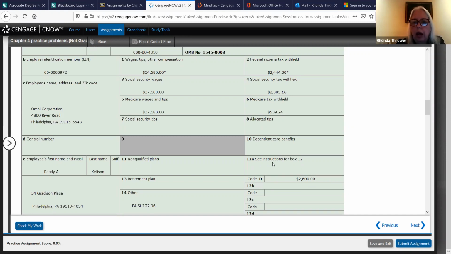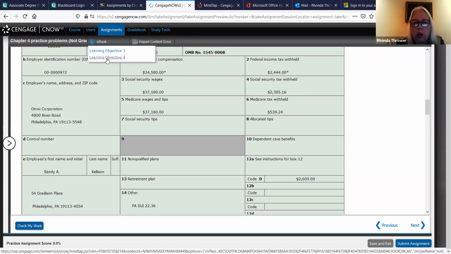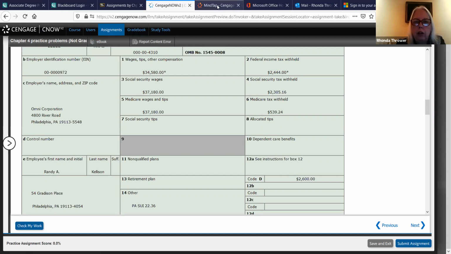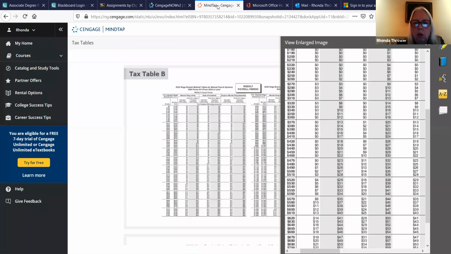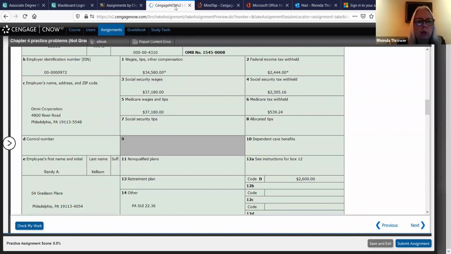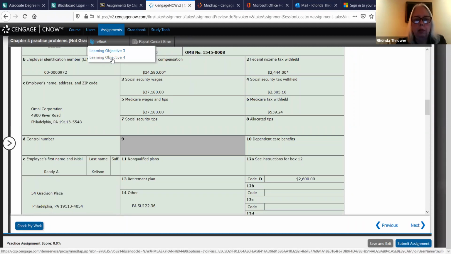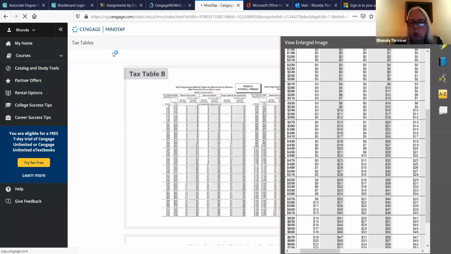So I'm going to go to my Cengage ebook, and what you do is you just click on the ebook here, click on Learning Objective 4, and it'll bring it up where the W-2 form starts. Let me do this. Click on Learning Objective 4, because that's where your W-2 form instructions are.